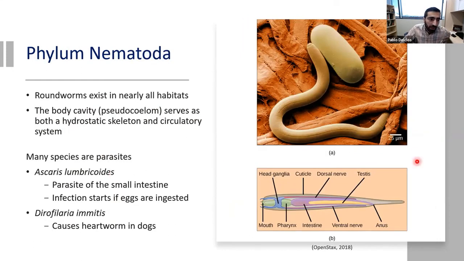So within the phylum Nematoda, these are the roundworms and nematodes. They have a pseudocoelom, one of those types of body cavities that I mentioned. So not a eucoelom or coelom, and not with no body cavity. They have a body cavity referred to as a pseudocoelom. And many of these species are parasites. Maybe the one you're most familiar with, if you have a dog in particular, is heartworm.